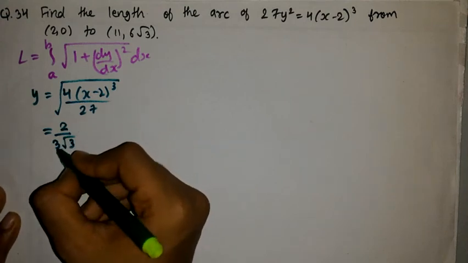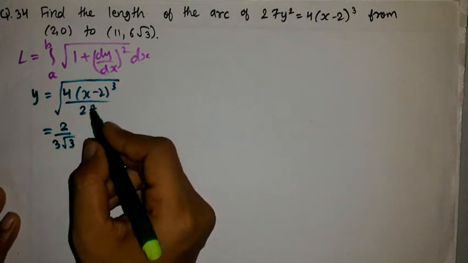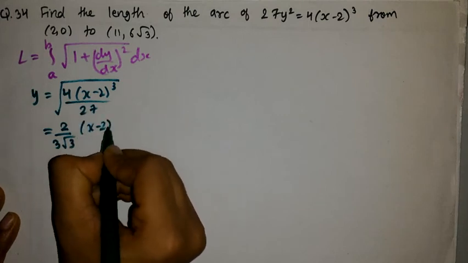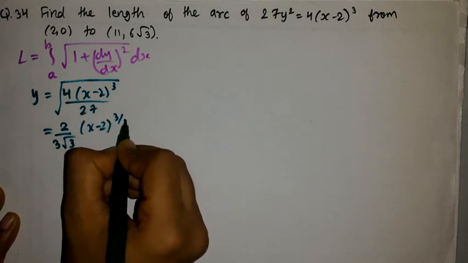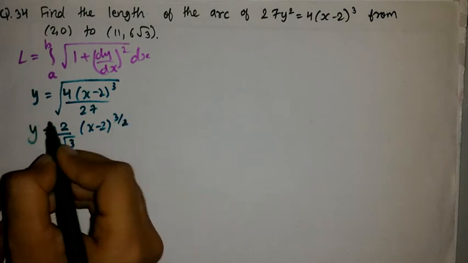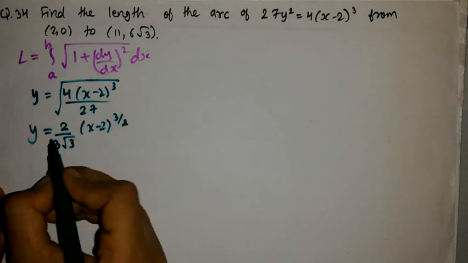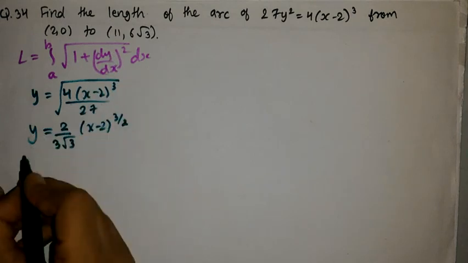Square of 3 root 3 is 9 into 3, 27, and now (x minus 2) raised to 3 by 2. So we can write y is equal to 2 upon 3 root 3 into (x minus 2) whole raised to 3 by 2. Now let's find dy upon dx.